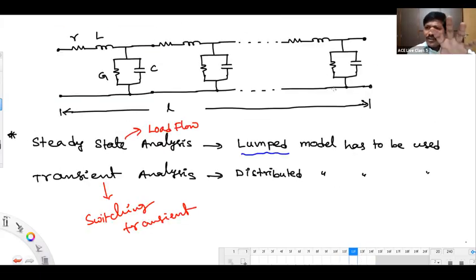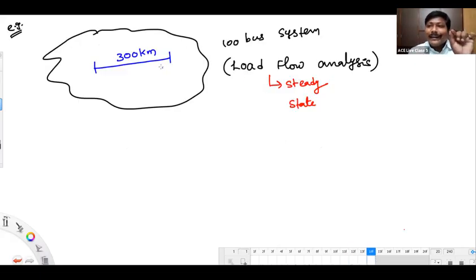For this model, you find the ABCD parameters. After getting those ABCD parameters, you construct a lumped model which will have the same ABCD parameters. That lumped model we will use for this line representation. That we can call the equivalent lumped model representation of long transmission lines.